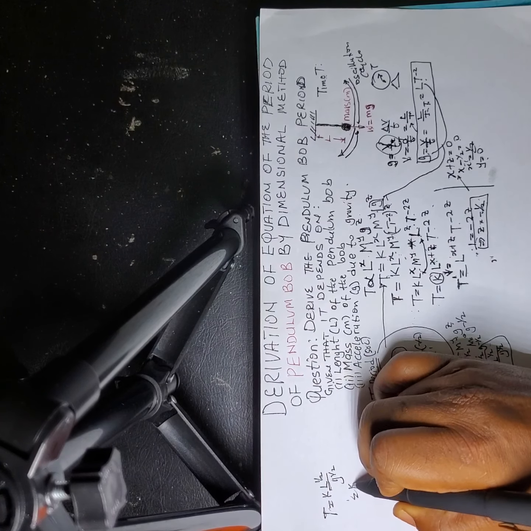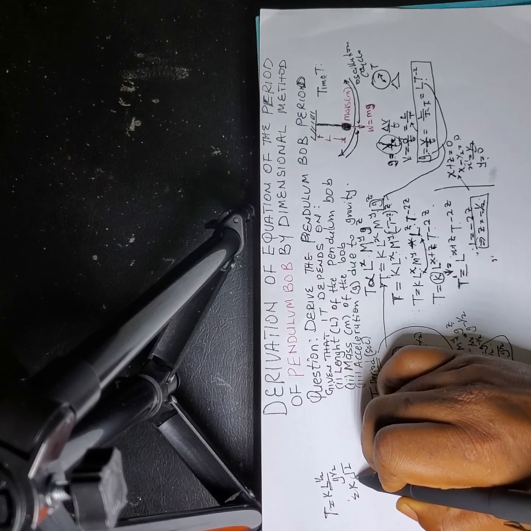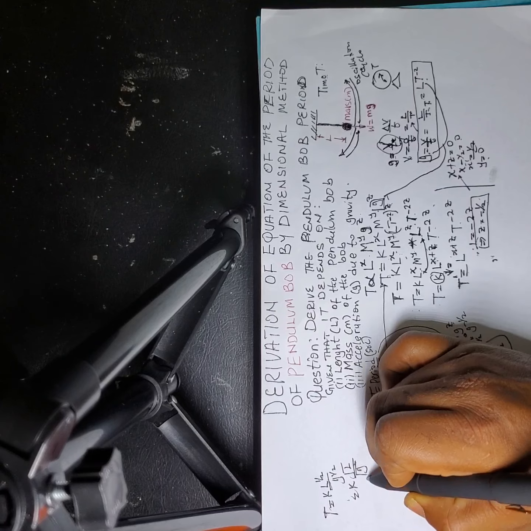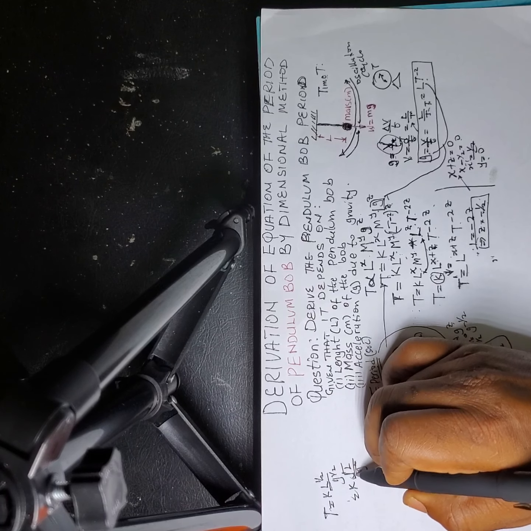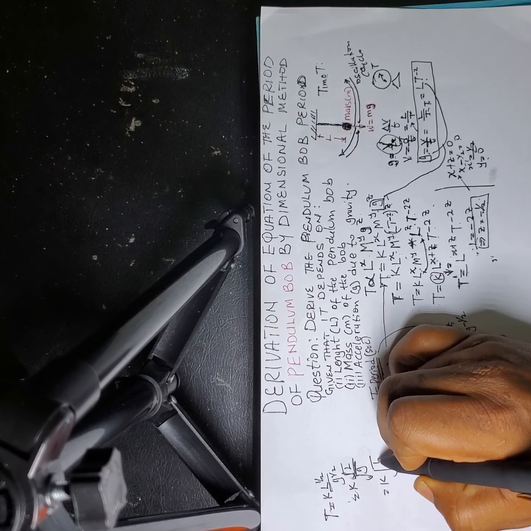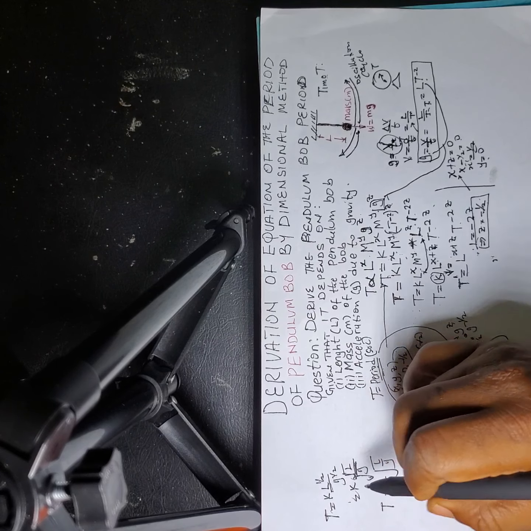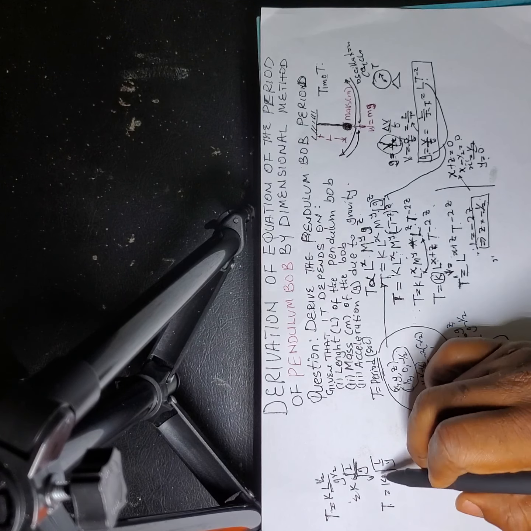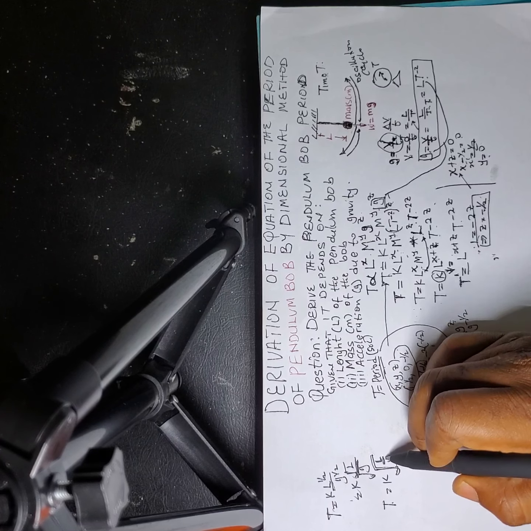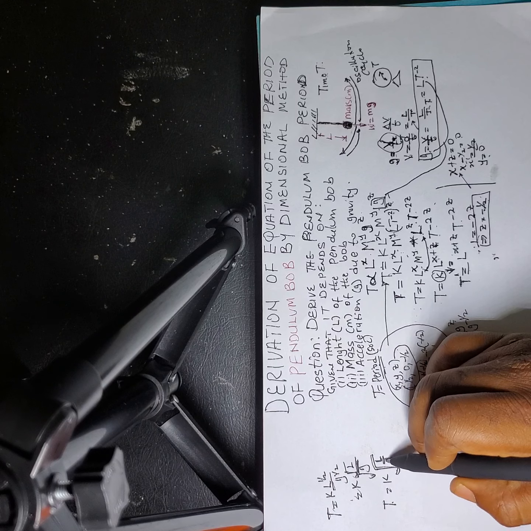So we are going to have k square root of L all over square root of g. So square root of L over square root of g will be square root of both of them, L over g. So that means T, the period of the simple pendulum, is directly proportional to the square root of the length of the pendulum divided by the acceleration due to gravity.